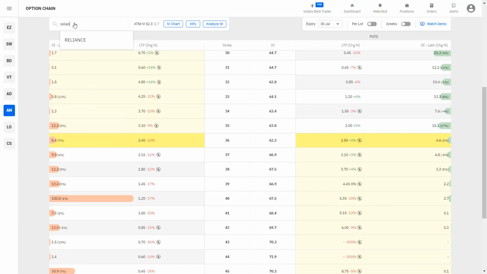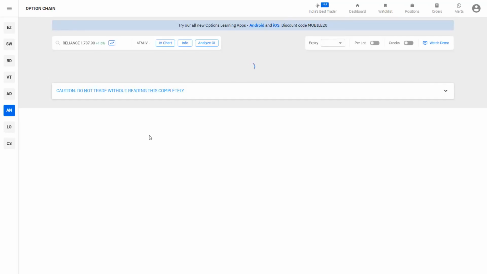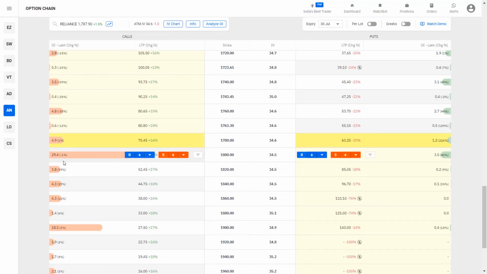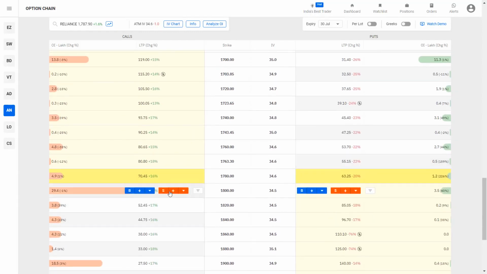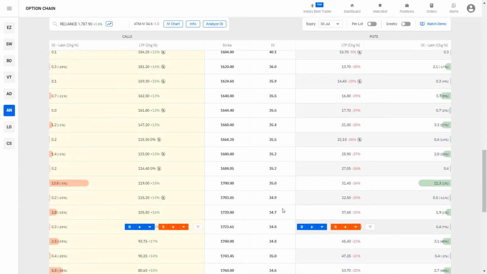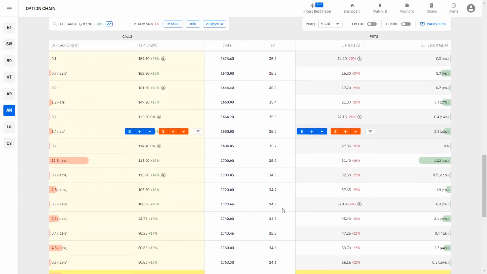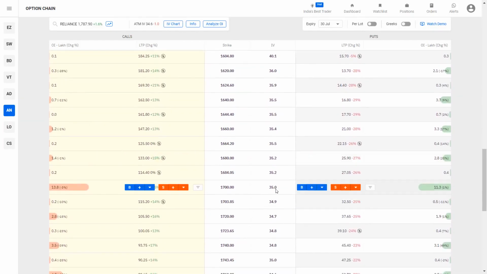Let me look at Reliance, for example. Reliance is a 2000 rupee stock almost and it has 30 lakh contracts OI. Now this is again significant, because with a big stock price and big OI value, both of them combined, I can take this OI seriously.